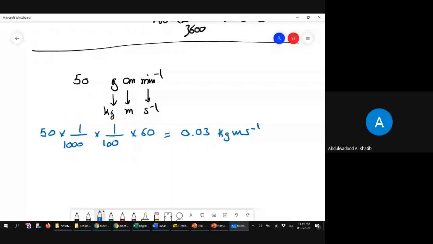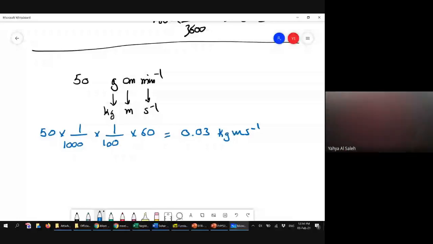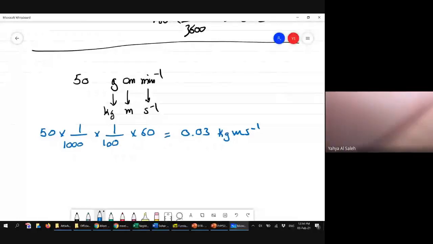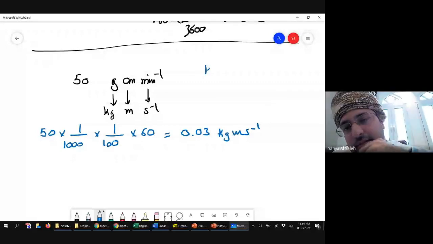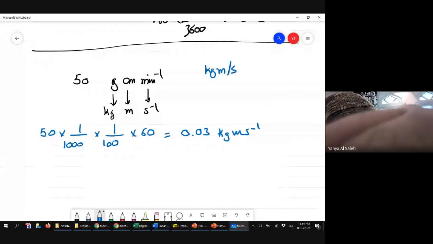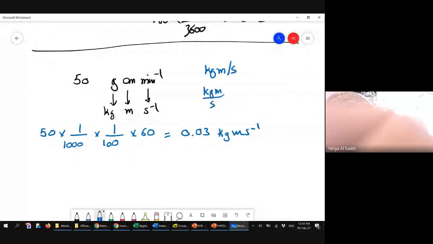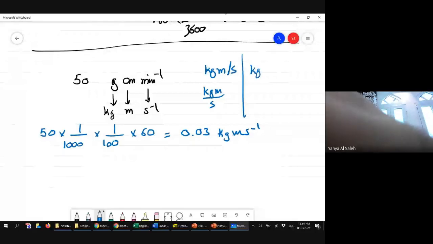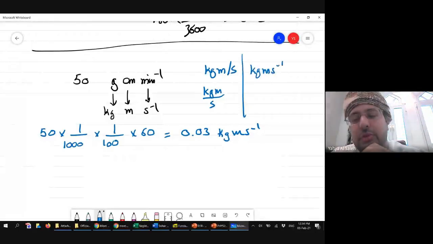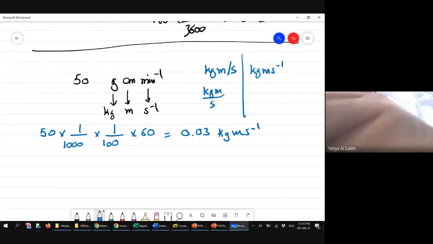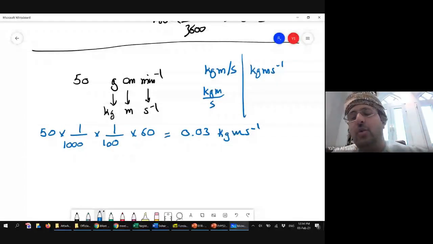So instead of writing it like this or like this, an easy way to write it, at least when you are dealing with many units, is this. Minus 1 is 1 over s, minus 2 is 1 over s squared, and so on and so forth.